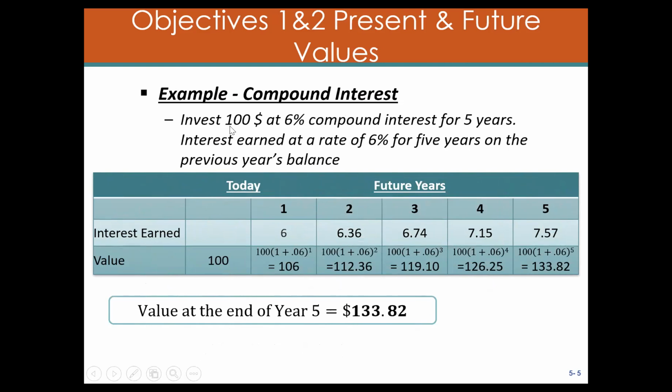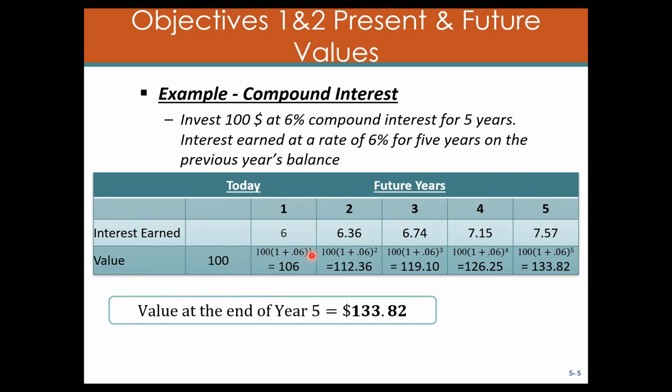Now, in compound interest, if you invest $100 at 6%, compounded annually for 5 years, what happens? See how we calculate it. Okay. So we start just now with $100. Then by the end of year one, period one, it becomes $106, 6% interest.